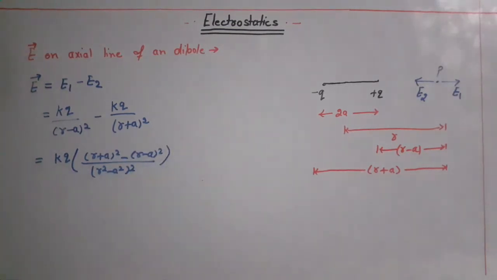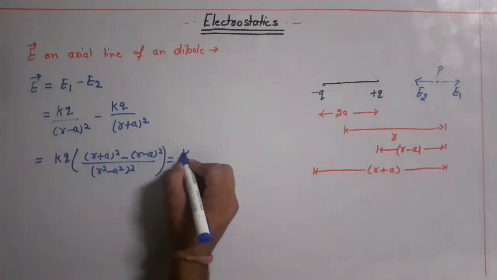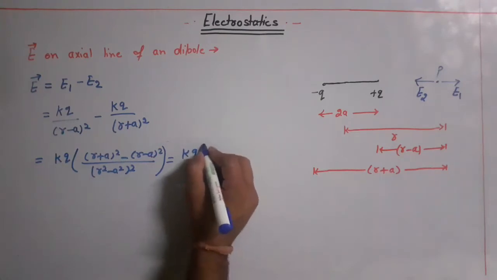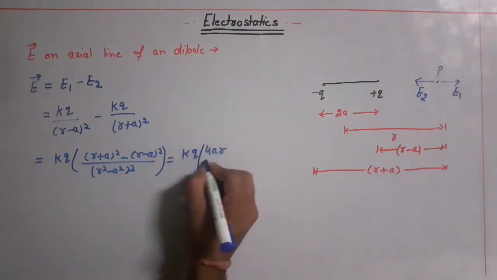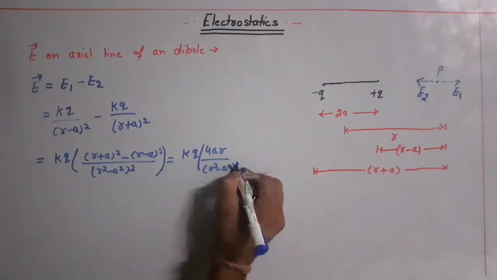If we solve it out, by opening the squares of both these terms, we will get kQ into 4ar divided by (r square minus a square) raised to power 2.